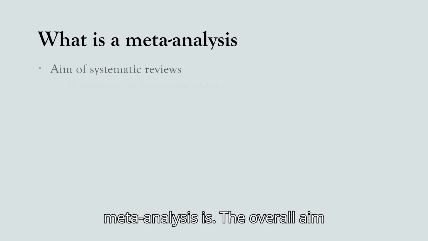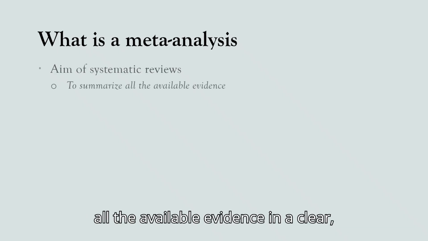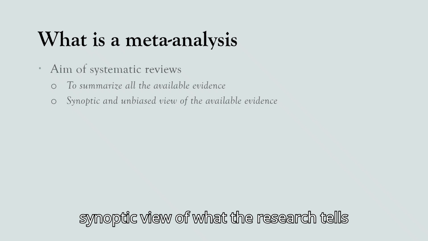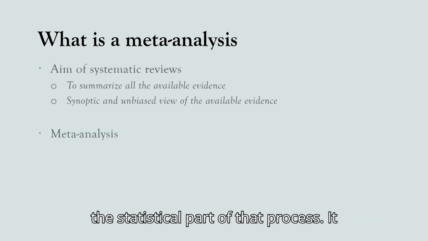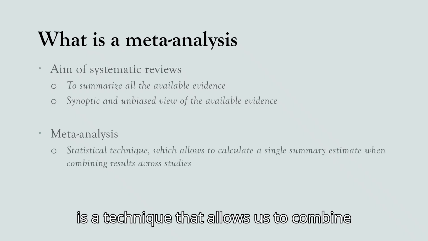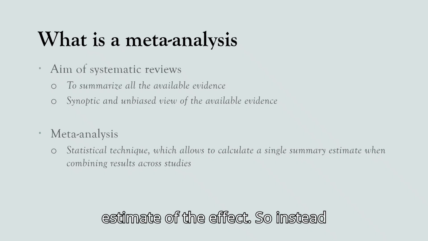The overall aim of a systematic review is to summarize all the available evidence in a clear, unbiased, and structured way. We want a synoptic view of what the research tells us. A meta-analysis is the statistical part of that process. It is a technique that allows us to combine results across multiple studies and calculate a single summary estimate of the effect.